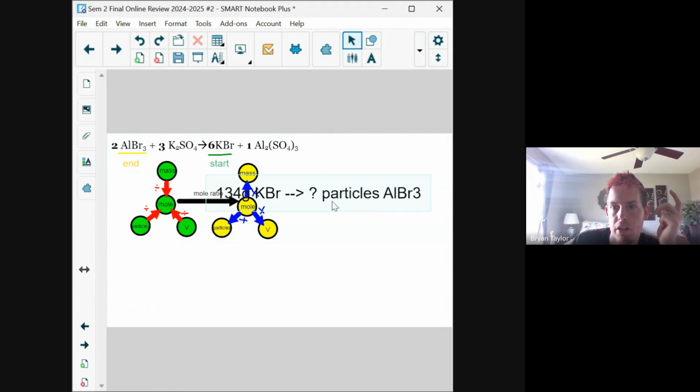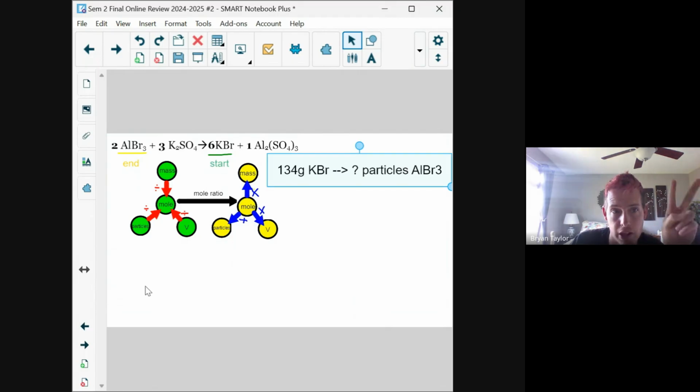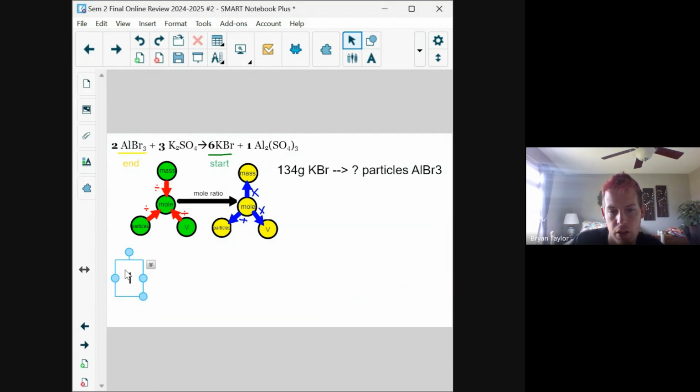So, here's what we need to do. Okay? First things. This is a 3-step problem. Okay? You have 100. And honestly, I'm going to show you. This is the fraction way. And the fraction way makes more sense. 1, 2, 3.